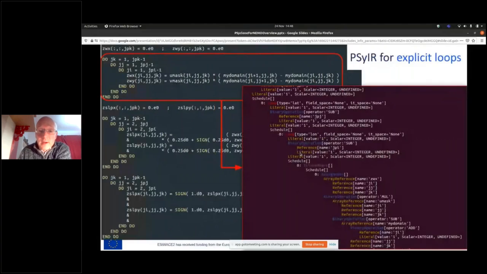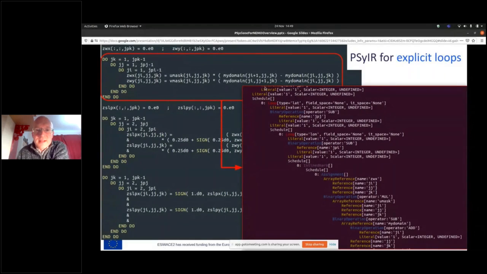More straightforward are the explicit loops, of which there are also a lot in NEMO. And you'll have seen these and be fairly familiar with these from the Elfric examples. Obviously in NEMO, it's slightly different. So instead of loops over cells and over DOFs and over colors, we have loops that we recognize as being over latitude or over longitude, or off the top of my little picture here is levels.